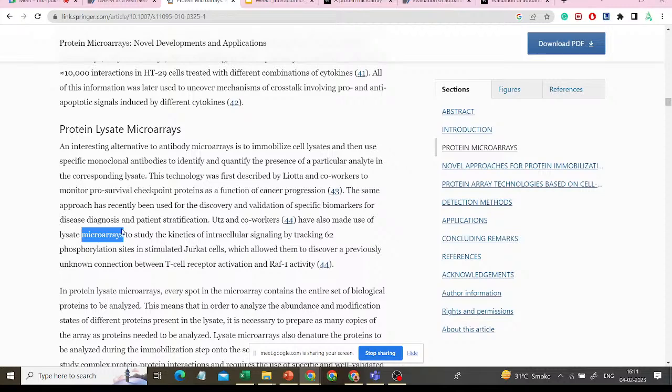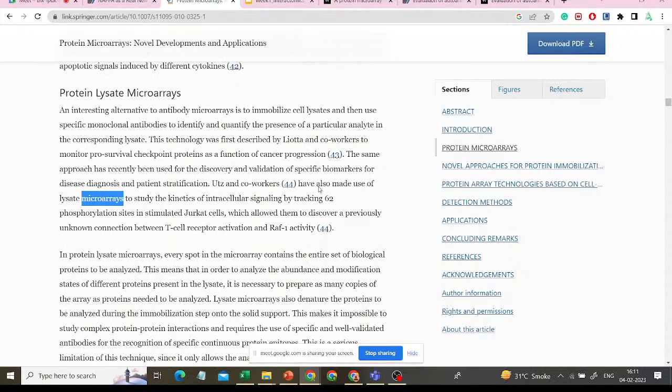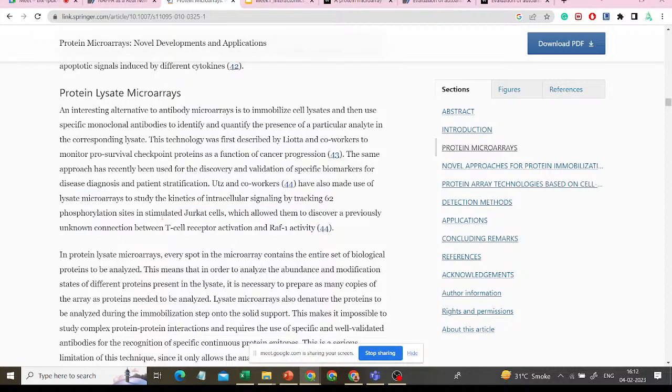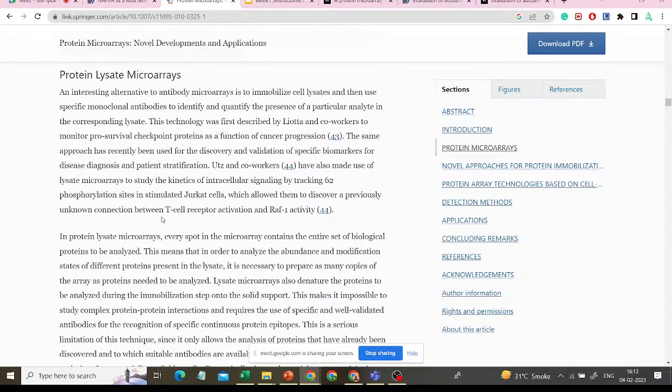People have also used lysate microarrays to study the kinetics of intracellular signaling by tracking 62 phosphorylation sites in stimulated cells.